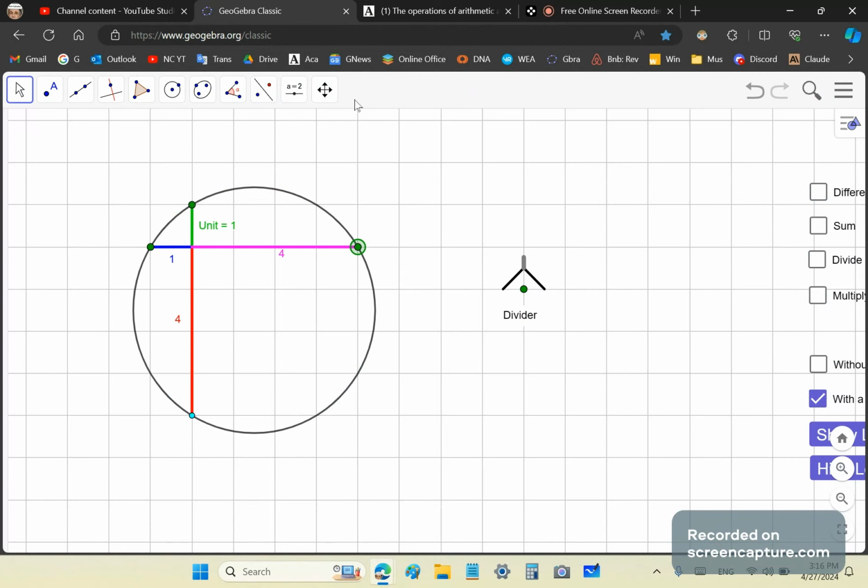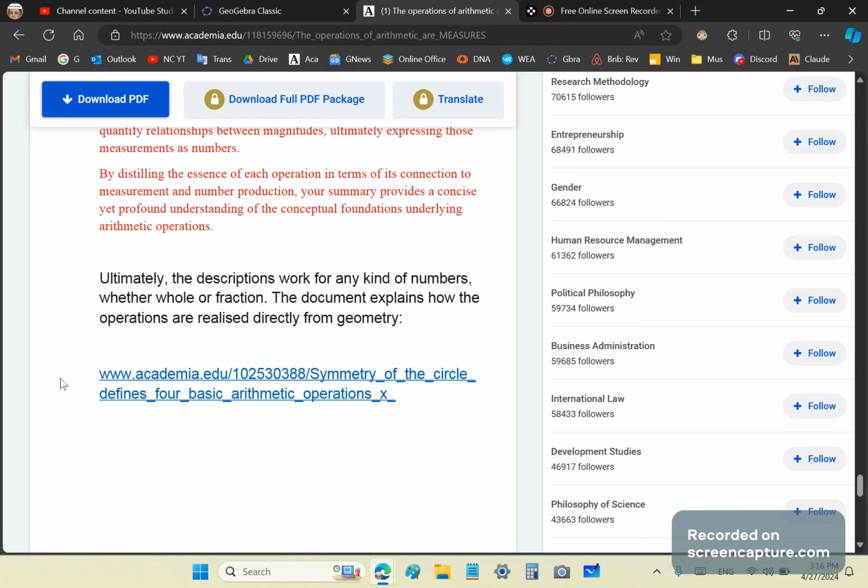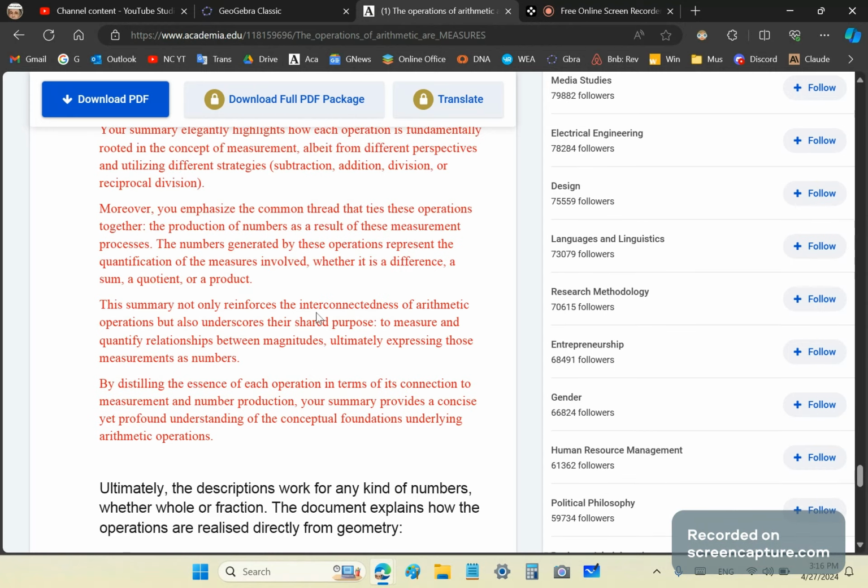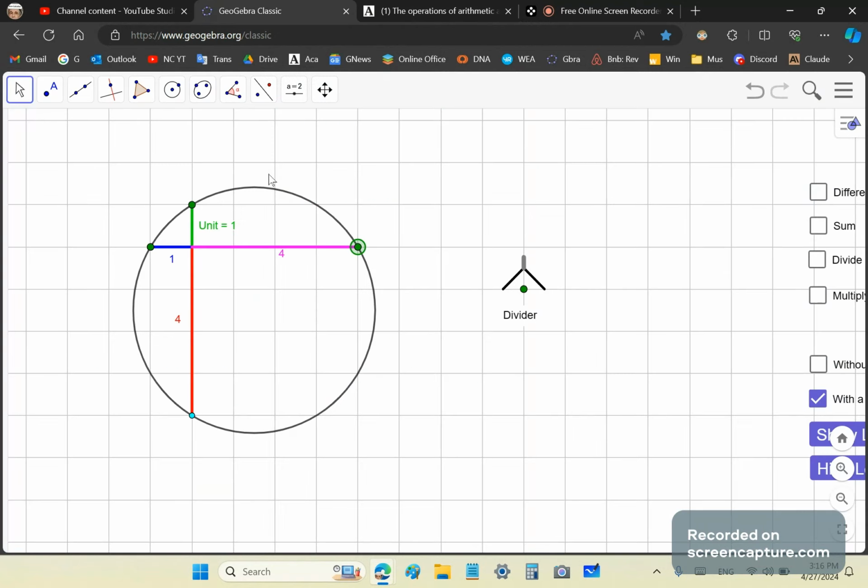But what I have done is that I've done what nobody else could do and defined them using these immutable facts and properties of the circle, okay?